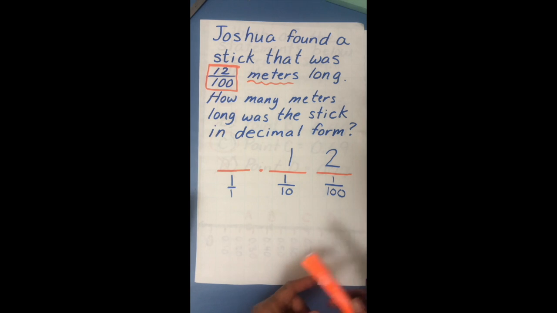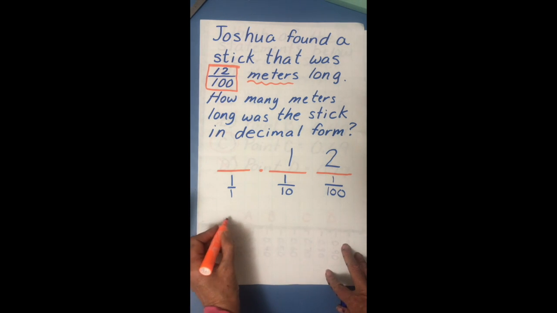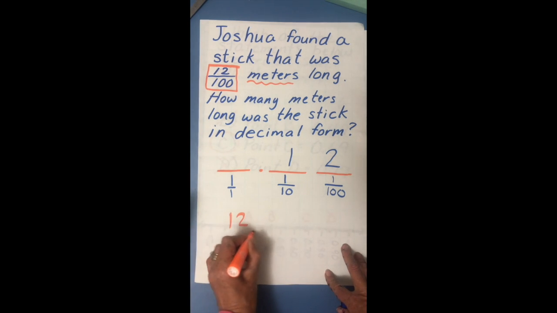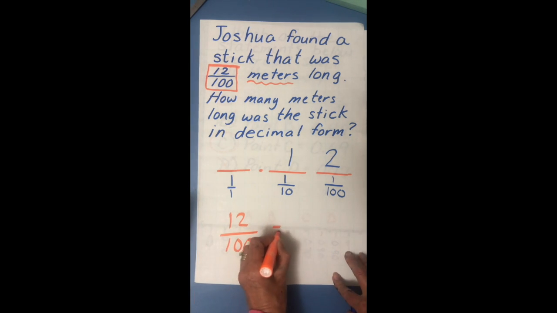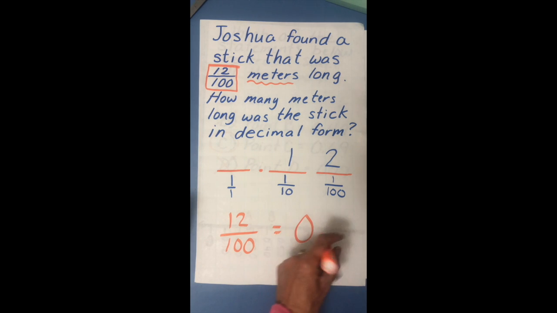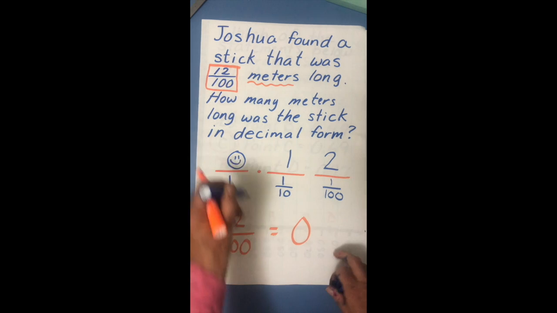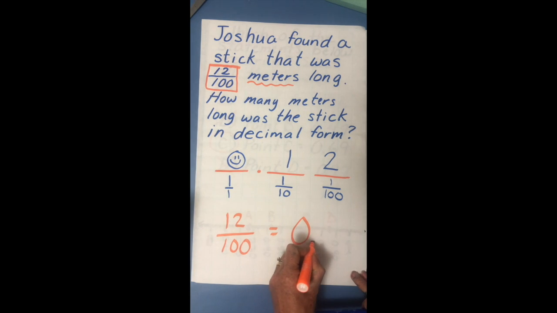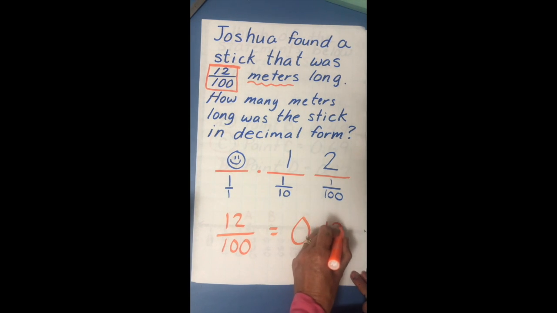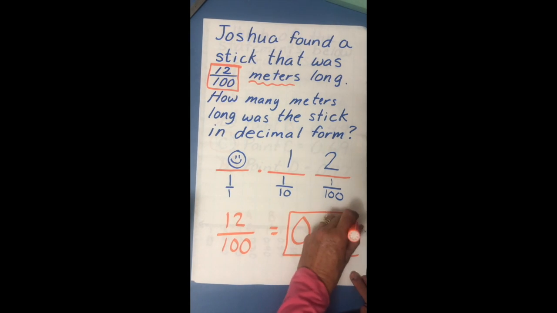So the answer to this one would be written, I guess you could say, 12 hundredths is equal to 0. So I should have added a 0 here as the placeholder. And 12 hundredths. So here's your answer right here.